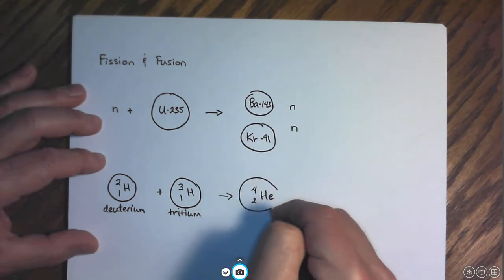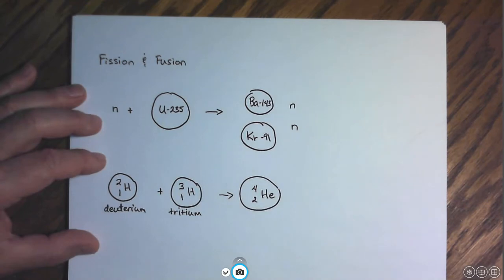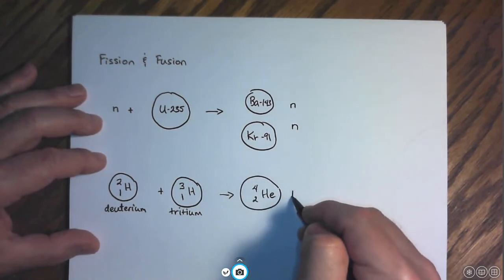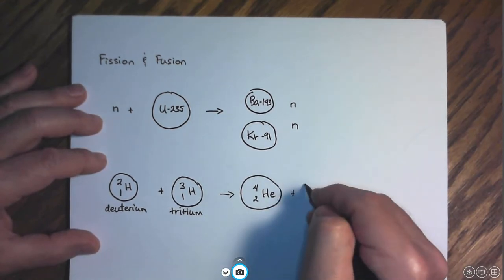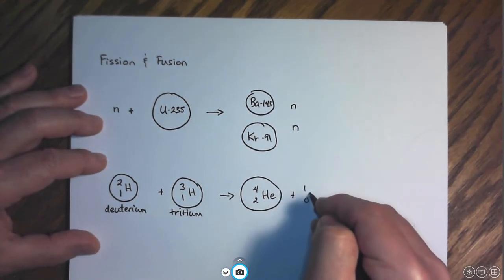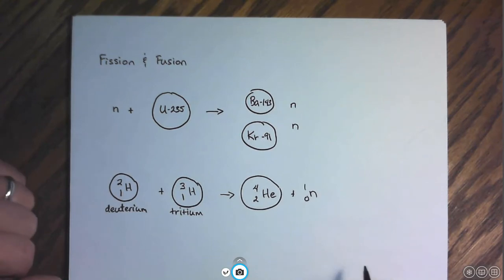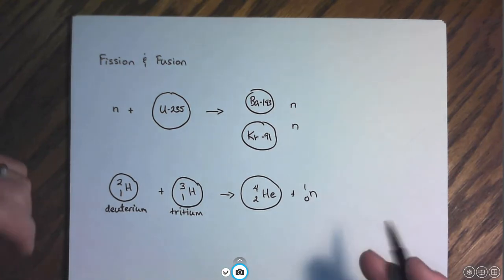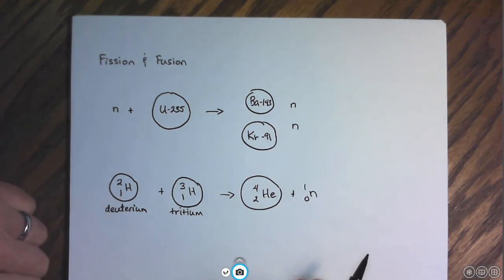So when you hear or read stories about hydrogen fusion creating helium, you actually have an intermediate step in there. We don't really ignore it, but you need to know that it's part of the process, okay? And so we end up with an extra neutron in the process.